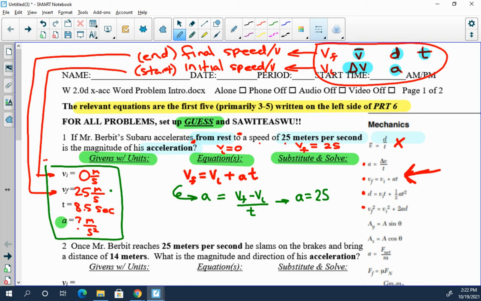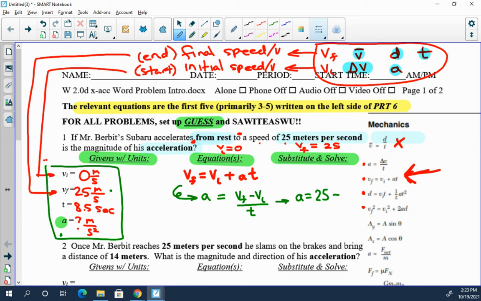Now, leaving units in your solution is actually a good habit because you learn how to cancel units, etc. Check whether your answer makes sense. However, sometimes it becomes alphabet soup and confusing. If that's the case, just leave your units out of the equation, leave numbers only, and then put your units over here with your givens with units. That will be acceptable for full credit. So here I'll leave them out.